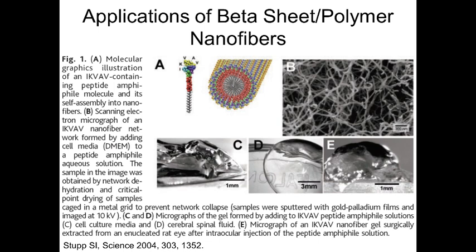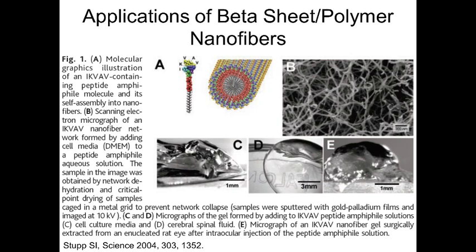And on the top of your system, you see the IKVAV motif. It is a motif found in laminin, and this motif can direct the differentiation of NPC cells into nerve cells. With these multiplied motifs on the rod-like micelles that are adopted by the peptide amphiphile, these types of structures are very soft gels.